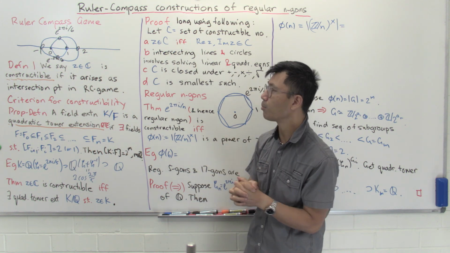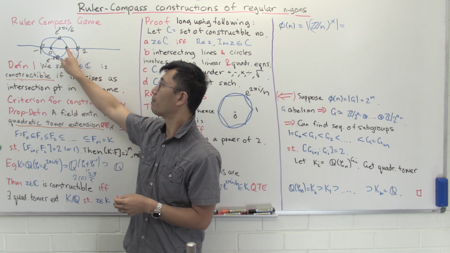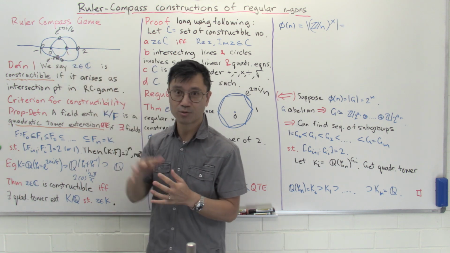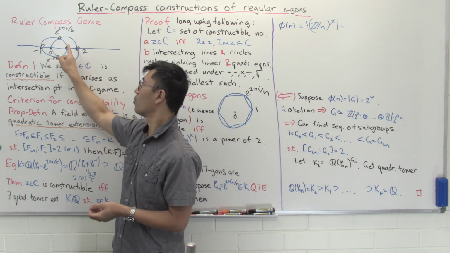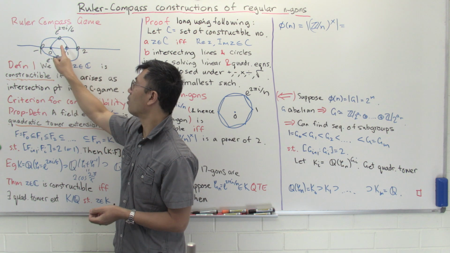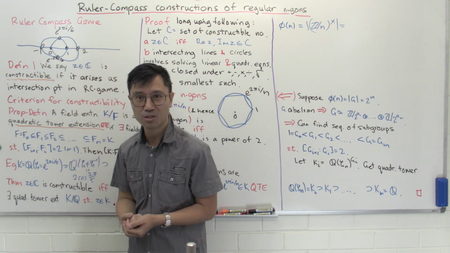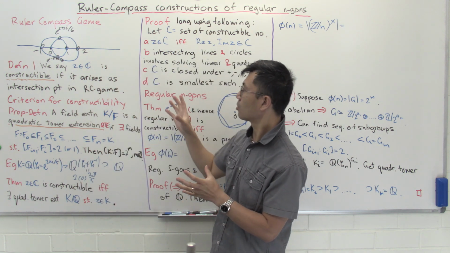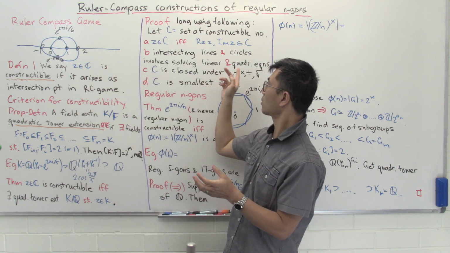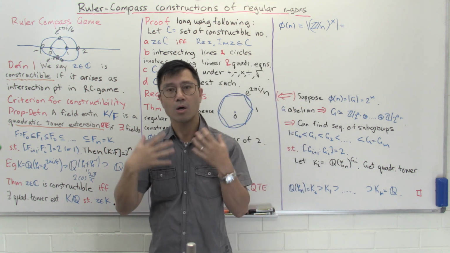But let's just see some simple things. For example, why is 1 plus 1 inside the set of constructible numbers? Remember, we started with 0 and 1. To get 1 plus 1, we put down the 1 here, we drew this circle, which adds this 1 to this 1, and that's how you get 2. Similarly, you can try to figure out how to construct the minus, the times, the divide, and also square roots.